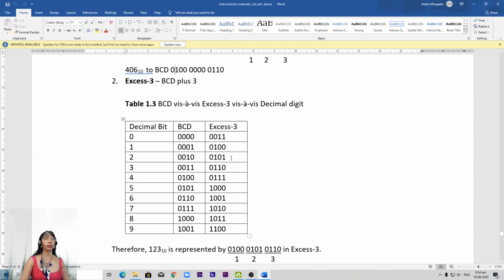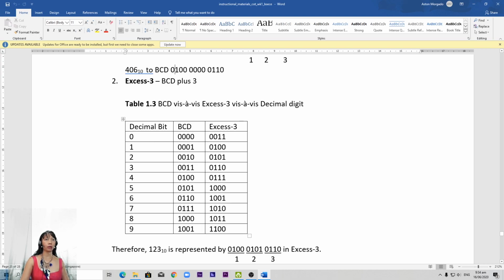For 2, in XS3 is 0101. For 3, that is 0110. For 4, that is 0111. 5 is 1000. 6 is 1001. 7 is 1010. 8 is 1011. And 9 is 1100. So it's actually plus 3. Take note, 9 plus 3 is 12.